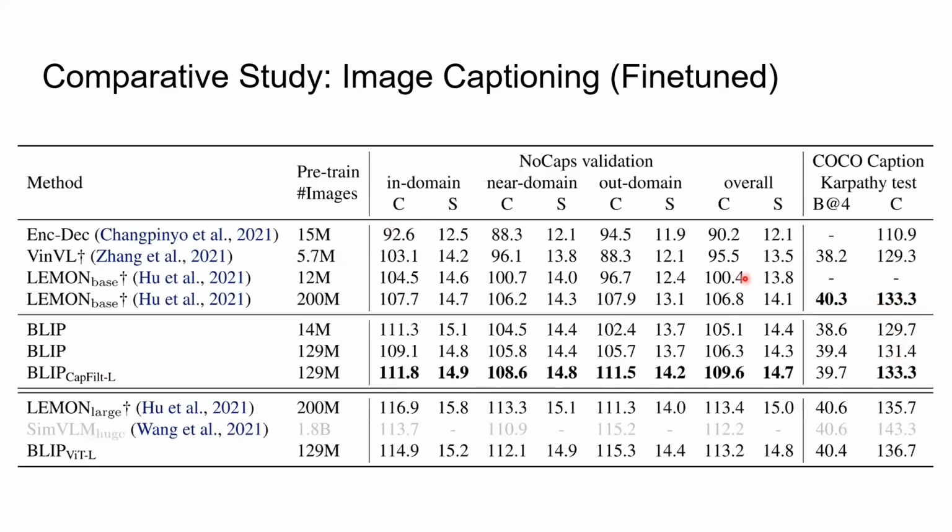This is explained by the authors to be potentially due to the increased number of pre-trained images for LEMON. So theoretically, if there were more pre-trained images for BLIP to be trained on, the authors expect that there could be better performance on BLIP with the typical ViT-based backbone with captioning and filtering.